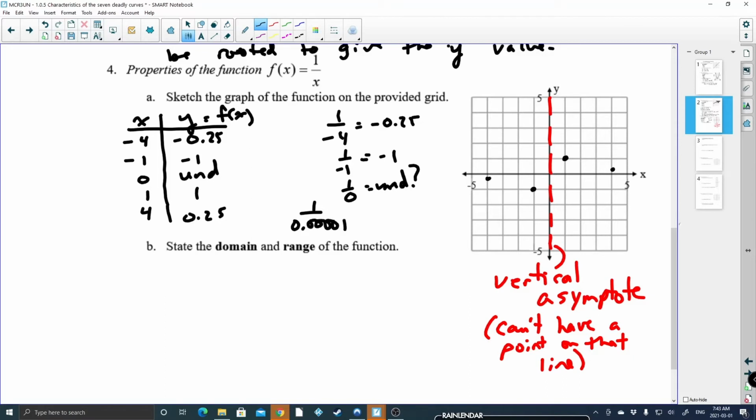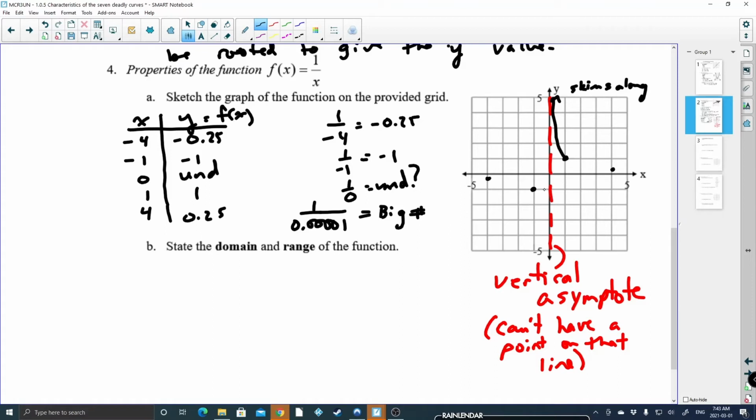Remember, I can pick whatever x value I want. The smaller the decimal is, meaning the closer I get to the y-axis, the bigger the number gets. This is usually what happens on an asymptote: the graph skims along. It never ever touches the asymptote, but it skims along the asymptote.